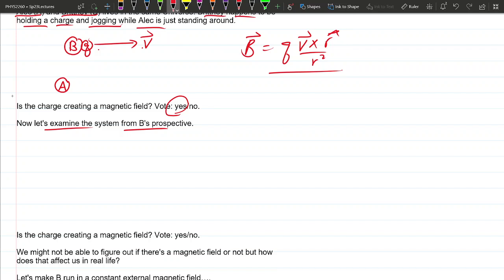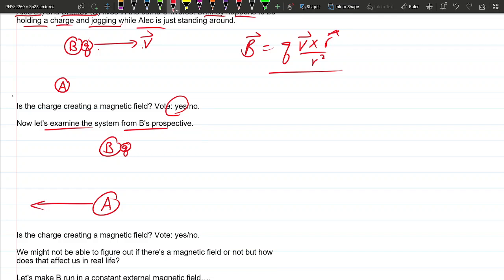Brittany is still holding a charge, but in her frame of reference she's not moving. Alec is the one that's actually moving, but going backward. If I'm running, from my perspective you're moving in the opposite direction. Does that make sense?